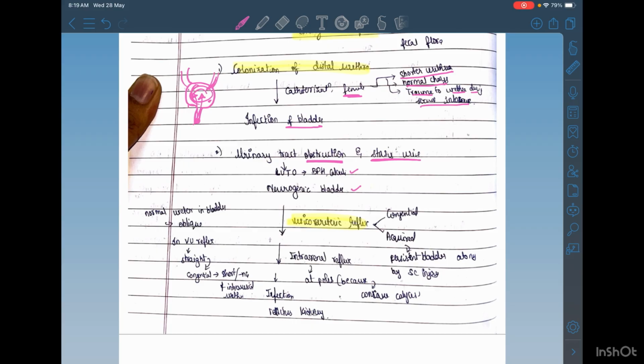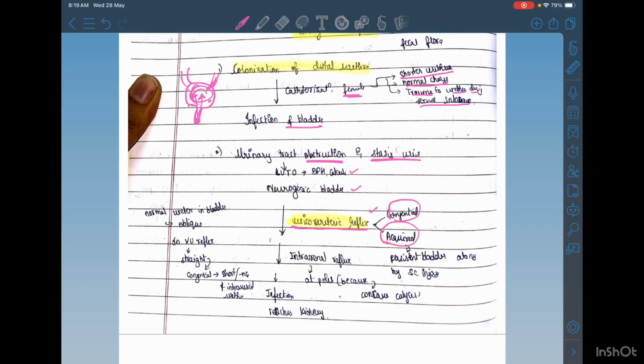Whenever the bladder contracts, it causes closure of the ureter lumen so that urine does not backflow. But in vesico-ureteral reflux, either the ureter is straight or there is an absent or short intravesical ureter. So this leads to vesico-ureteral reflux, which can be congenital or acquired.